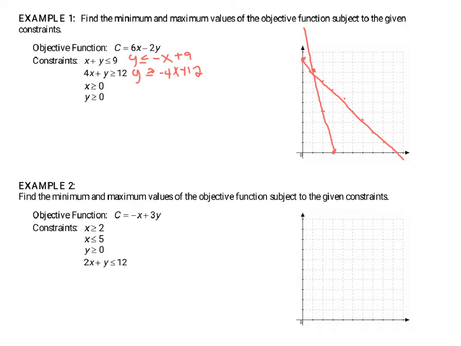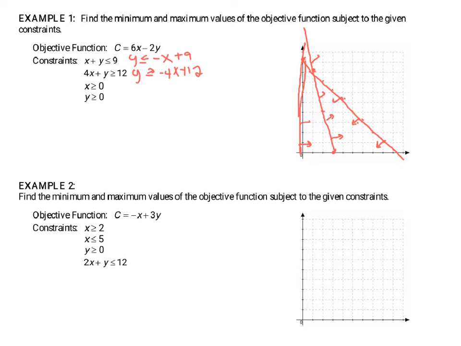I also want to go back for these two lines and show where I would have shaded. So the first line was less than, so I would have been shading below. So I'm just going to draw the arrows. The second line was greater than, which means that I would have been shading above that line. I also have the line x is greater than or equal to 0, which is the vertical line here on the y-axis.